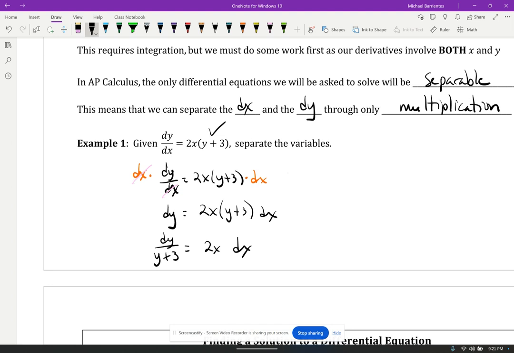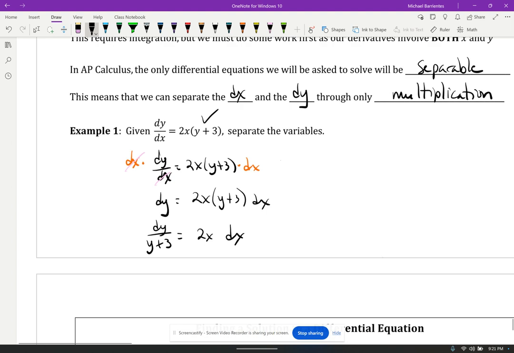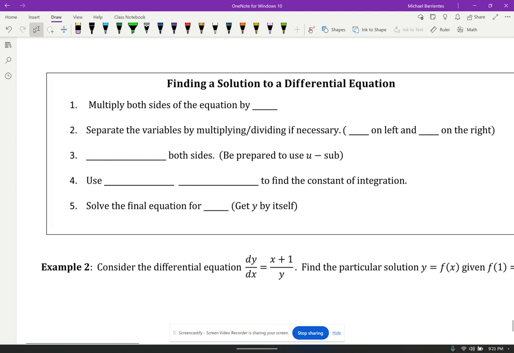And this is going to be the first step in trying to solve differential equations. We're going to multiply both sides of the equation by dx. We're going to separate the variables by multiplying and dividing if necessary. We're going to try to put dy or y's on the left and x's on the right.